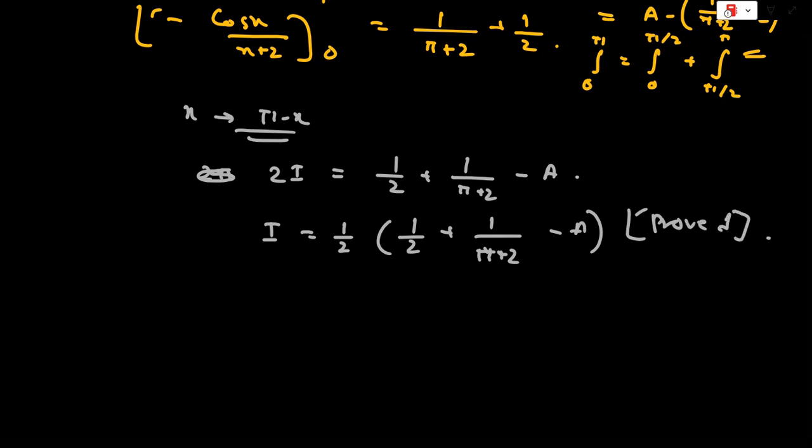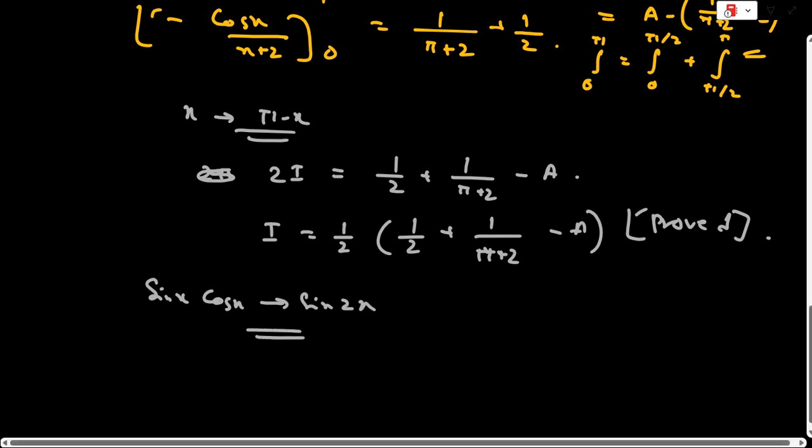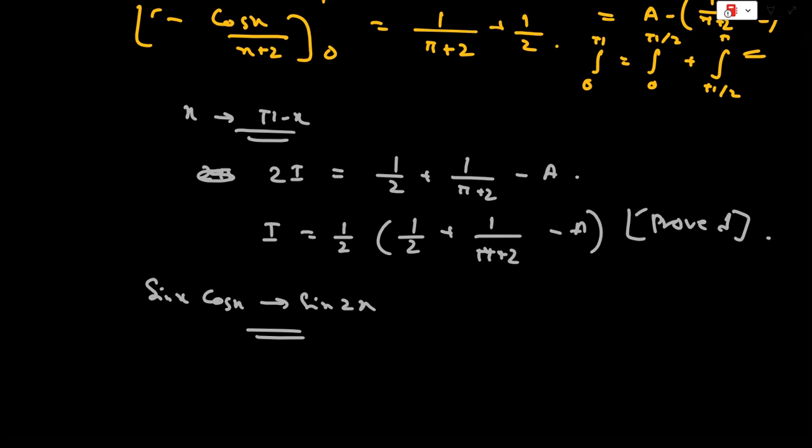So what are the key techniques that are used? The trigonometric identity, that is sin x cos x is half of sin 2x, and the substitution shift. Integration by parts, which is very important, and splitting the interval and the symmetry trick.